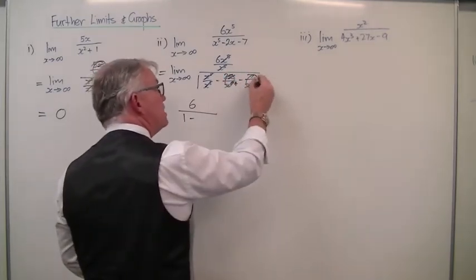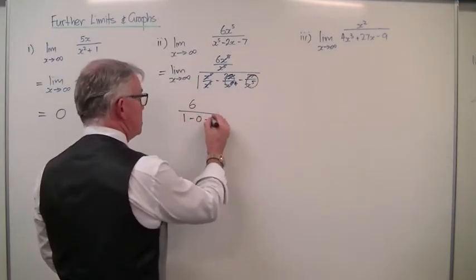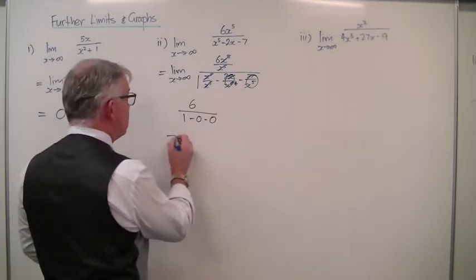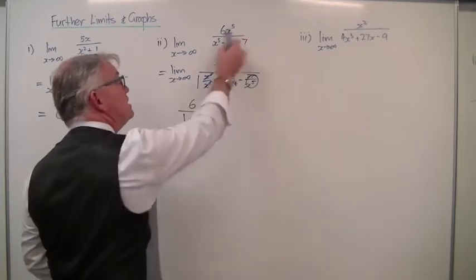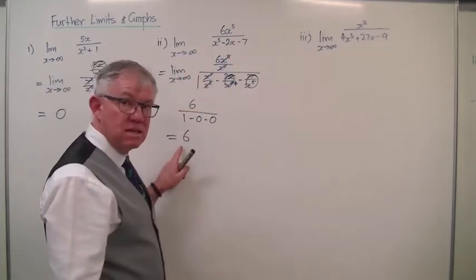And also this becomes a 0. So we're left with 6 over 1 minus 0 minus 0. So ultimately, the limit will be 6. The limit of this expression as x approaches infinity will be 6.